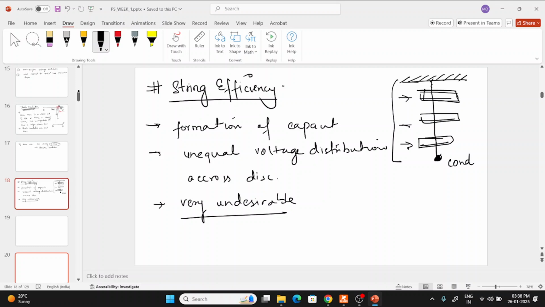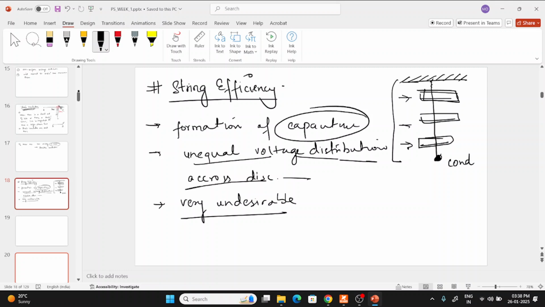The reason I told you about it is the formation of a capacitance. Then the disk which is nearer to the conductor will have a higher stress and a higher voltage. So unequal voltage distribution across the disk is very much undesirable, okay.